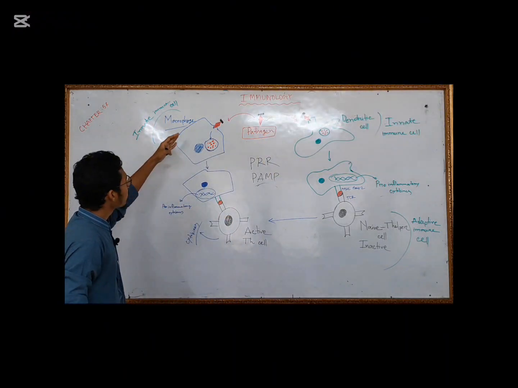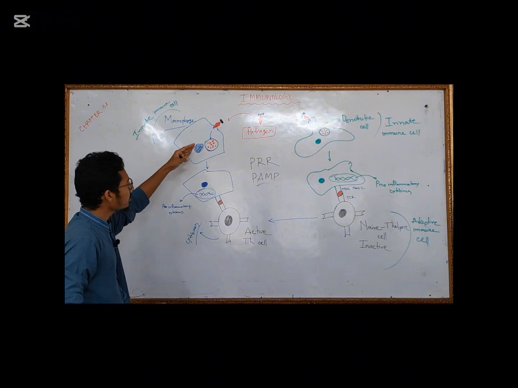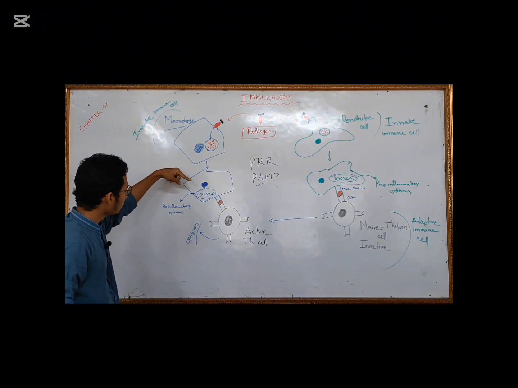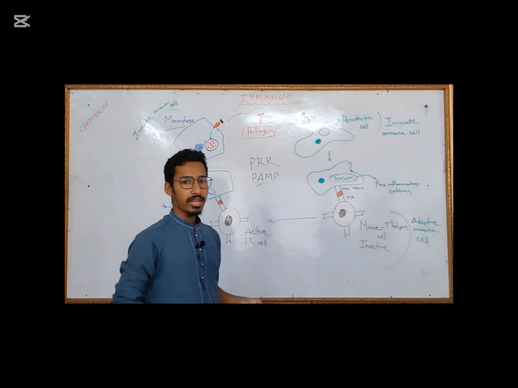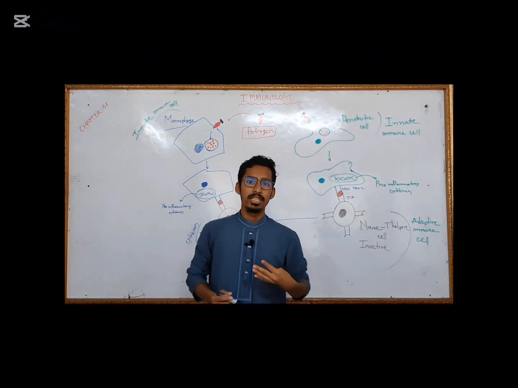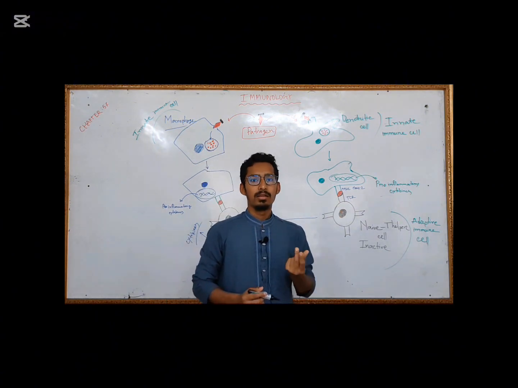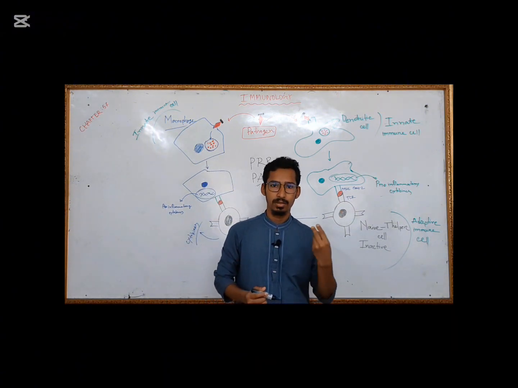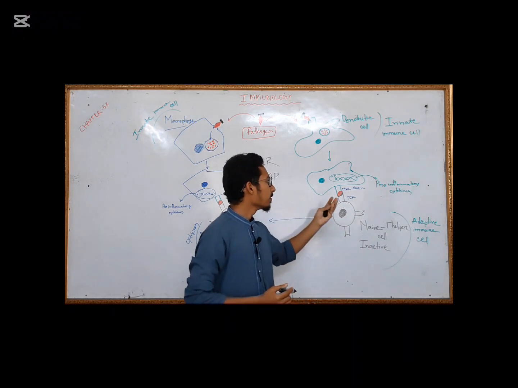Again, the macrophage engulfs the pathogen, destroys it, forms short peptides, and releases some pro-inflammatory cytokines. These pro-inflammatory cytokines activate inflammation, and also attract other antigen presenting cells and other inflammatory cells.